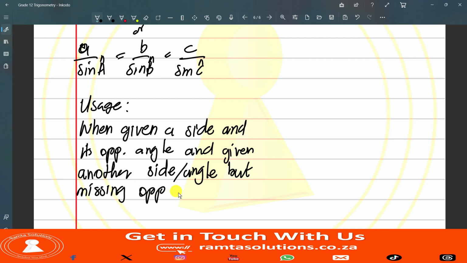If given a side, you're missing the opposite angle. If given an angle, you're missing the opposite side.